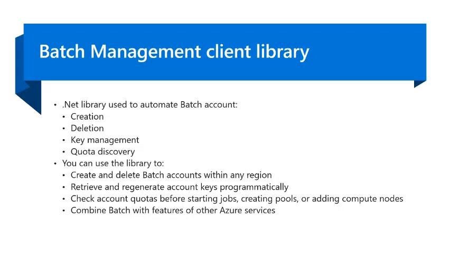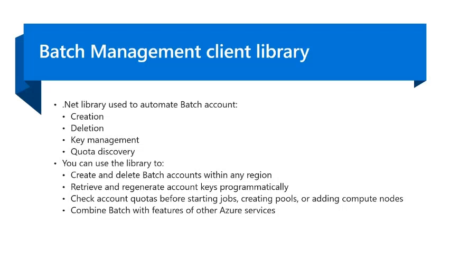The .NET library is used to automate batch account creation, deletion, key management, and quota discovery. You have it. A batch job from C Sharp built on the Azure Batch .NET API. The app uploads several input data files to Azure storage and then creates a pool of batch compute nodes, which are generally virtual machines.